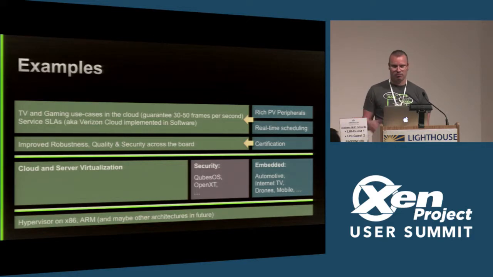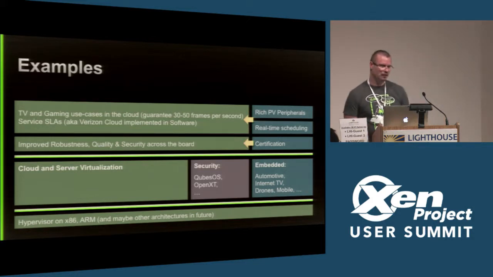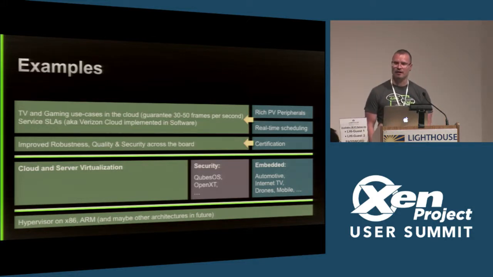Because, for example, if I have a real-time scheduler, I can guarantee that my graphics decoding VM gets enough time to be always effective. It's also really interesting if you're developing a cloud with very strict service SLAs. An example there is Verizon Cloud.